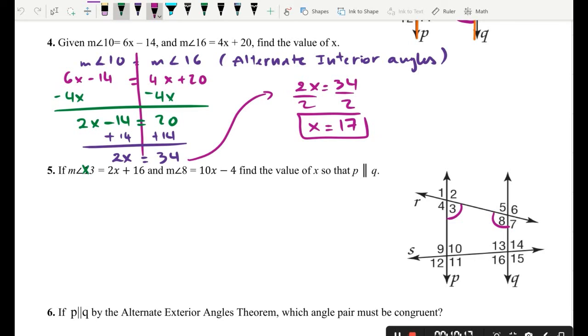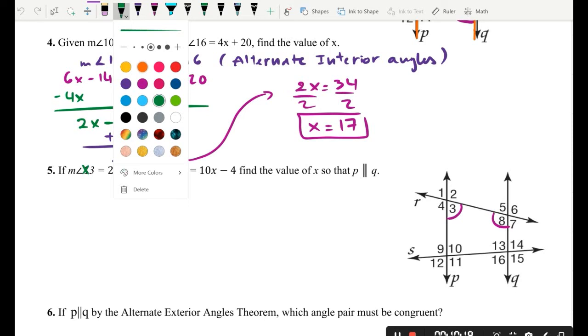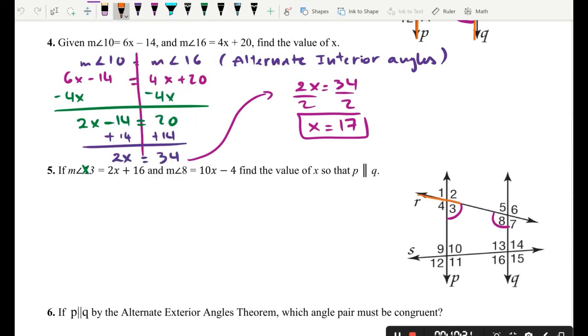Angle 3 and angle 8 are formed by 3 lines, by line R and lines P and Q. Okay, so 3 and 8 are within 2 parallel lines, and they are on the same side of the transversal. They are consecutive interior angles. I'm sorry.